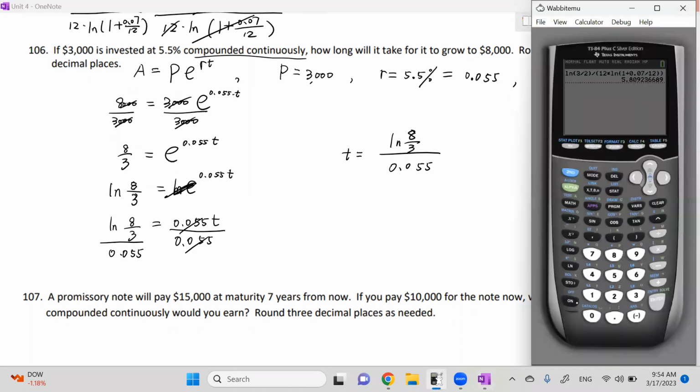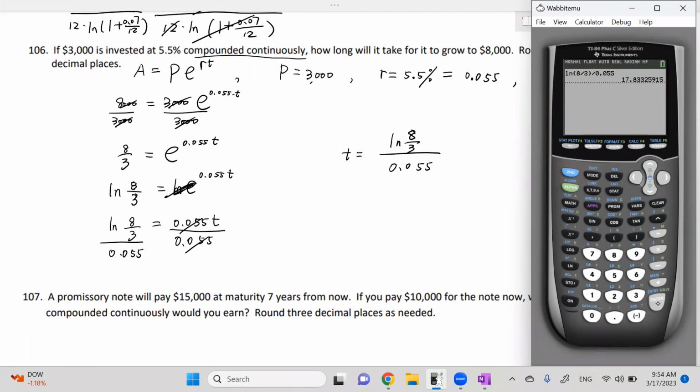Use the formula calculator. On the top, we have ln 8/3, close the parentheses, all divided by 0.055. Okay, we're having 17.833259 something.